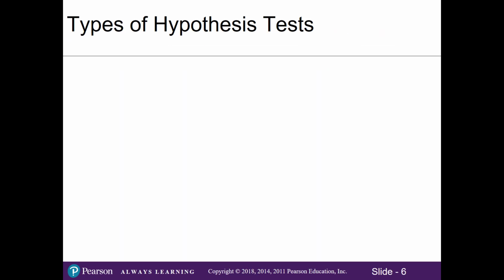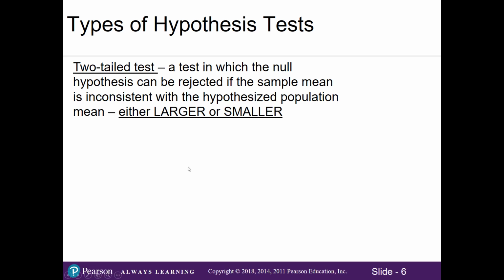So within hypothesis testing, there are a few types you'll commonly see. The first is a two-tailed test. This is a test where our null hypothesis will be rejected if the sample mean that we found is much larger or much smaller than our hypothesized population mean.